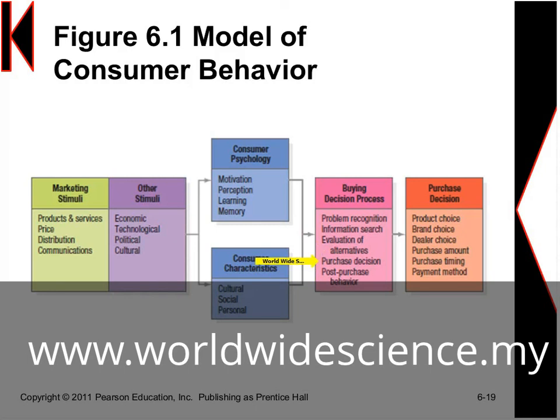These are two important things: the purchase, and after the purchase, which kind of behavior the customer will have. Also in the purchase decision, first they choose the product choice, brand choice.